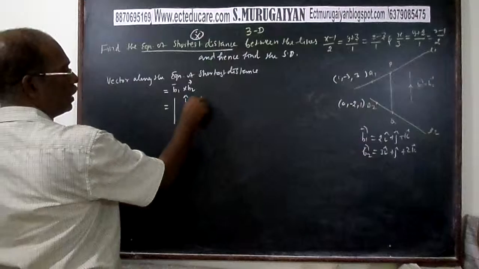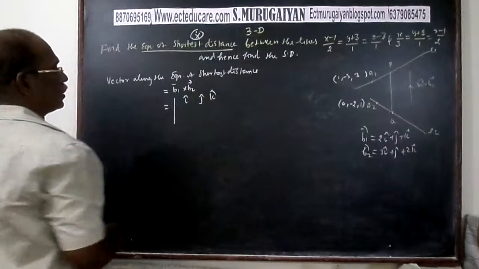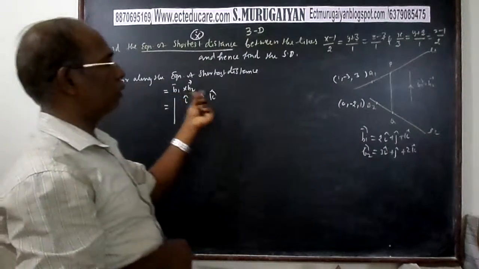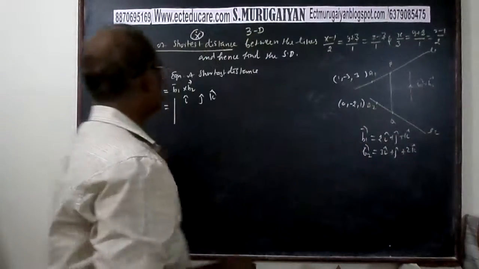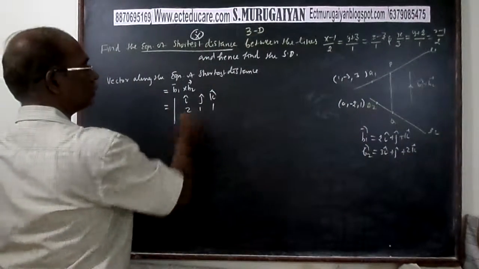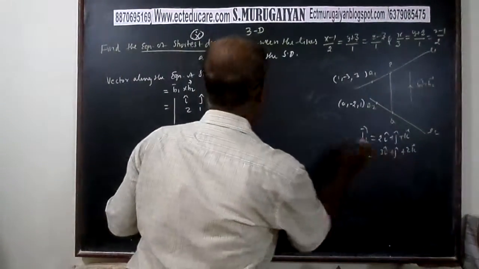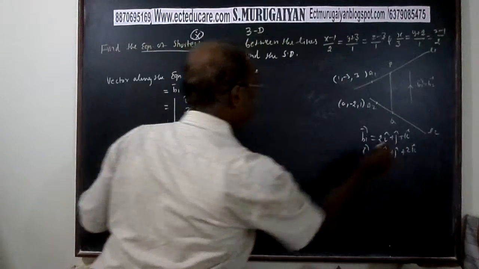The first row is i, j, k. The second row is the components of B1: 2, 1, 1. The third row is the components of B2: 3, 1, 2.